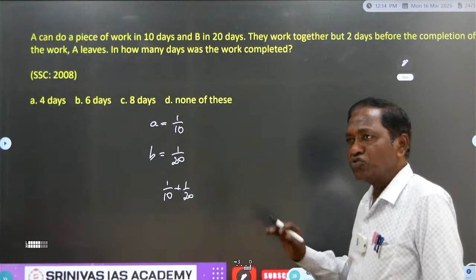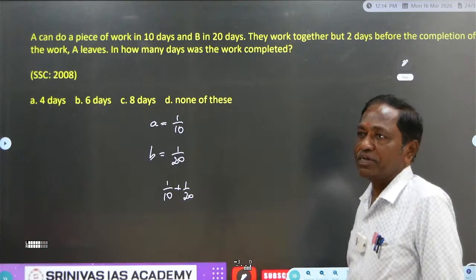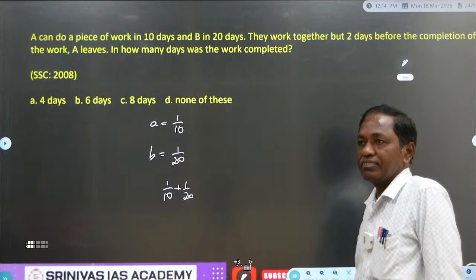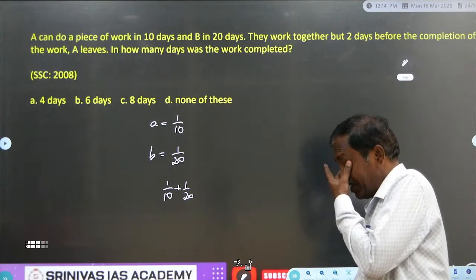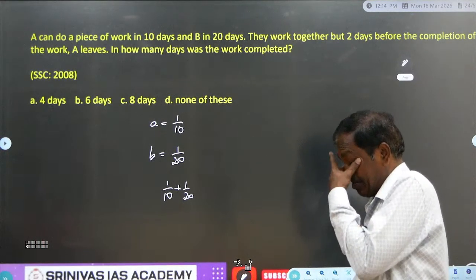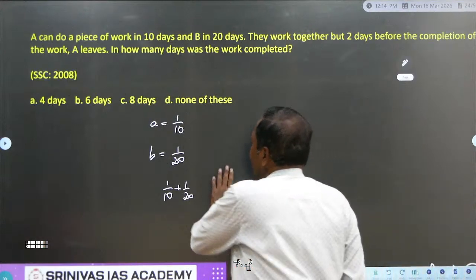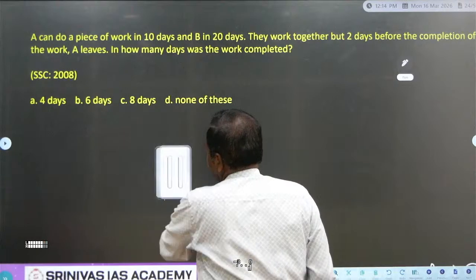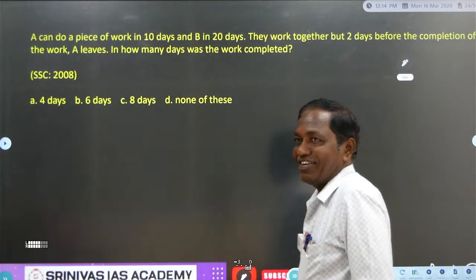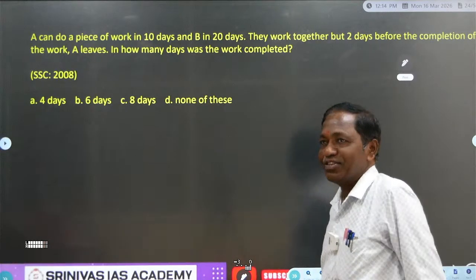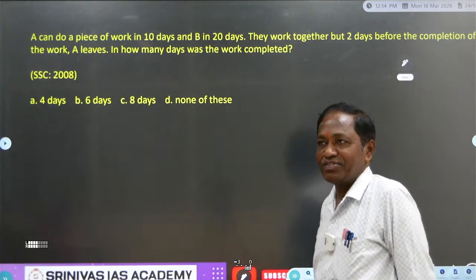After that, for the last 2 days, B alone will do the work. You have to understand the question first. You don't do any reverse engineering. First try to understand the question, then solving is okay.